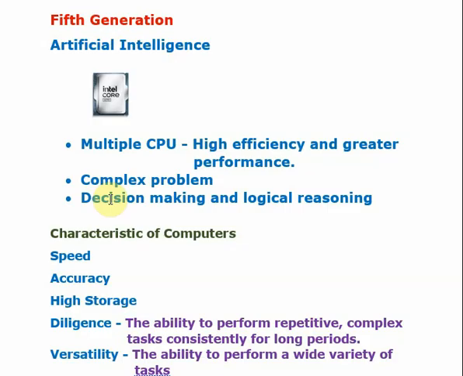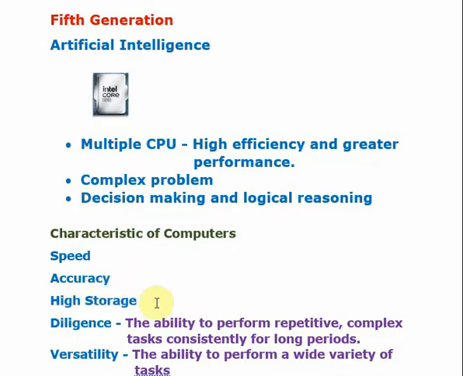Therefore the speed is much better than the human, faster. Accuracy: when we work continuously, at certain times we make errors, but here once the instruction is provided properly, whatever the huge number, even if you run it 100 times, the computer can accurately give the answer. Therefore the accuracy is there. That is another characteristic of computers.